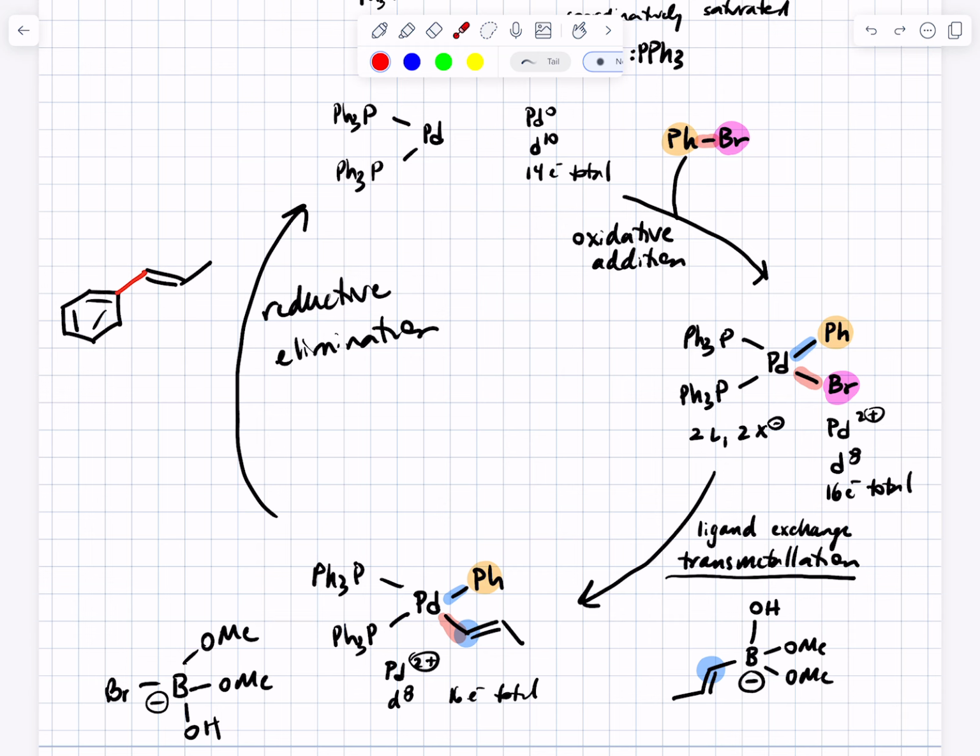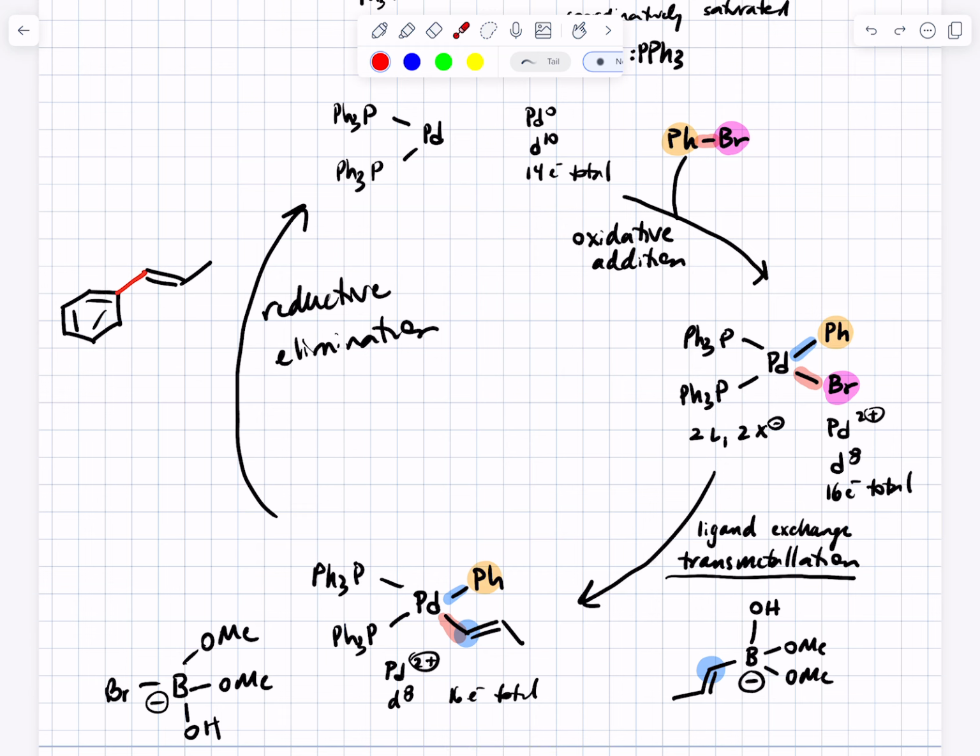So what's getting oxidized is the metal. It goes from d10, sorry, that number is 10, not 8. Used to be d10. After oxidative addition, it's only d8. So that's the loss of electrons. Where did they go? They went into the metal ligand bond.